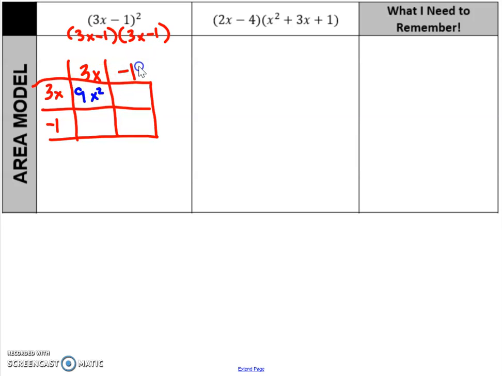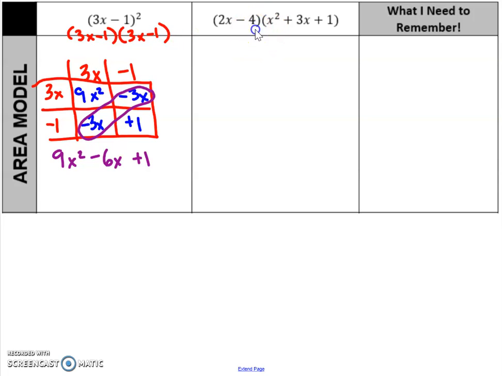Watch your exponents. 3x times negative 1 is negative 3x. Go to the bottom. Negative 1 times 3x is negative 3x. Negative 1 times negative 1 is positive 1. And then we combine like terms. Multiply in, add to get out. So 9x squared, negative 3x plus negative 3x is negative 6x, plus 1. There's my product for these factors.